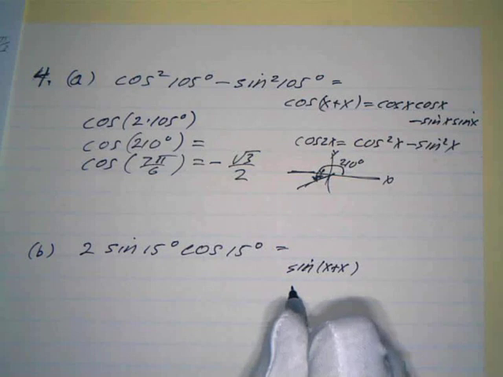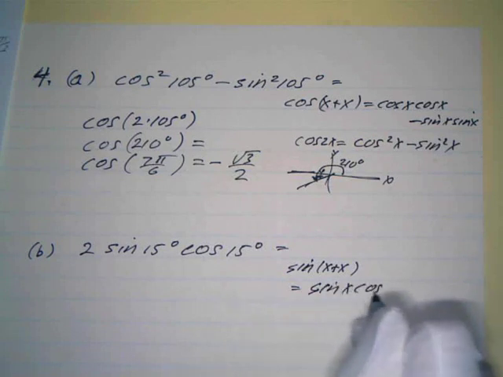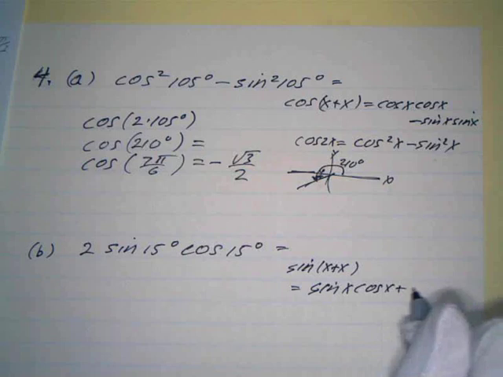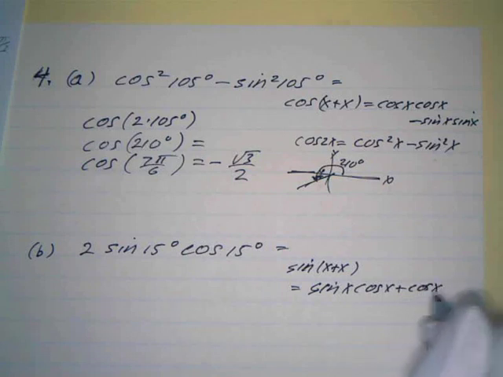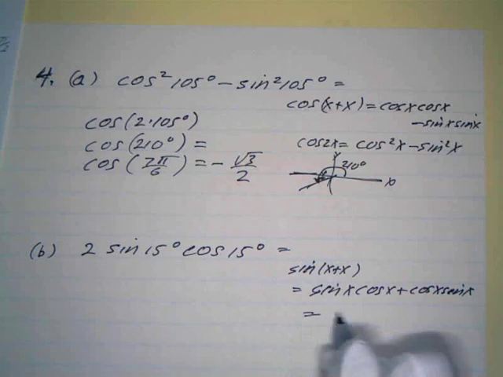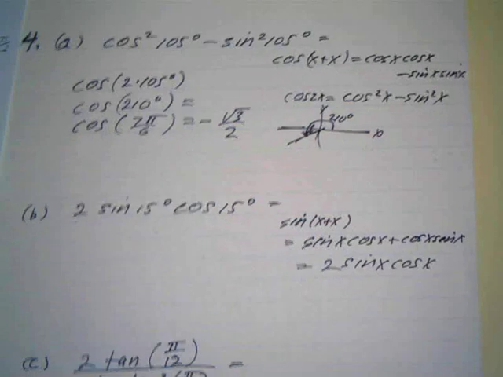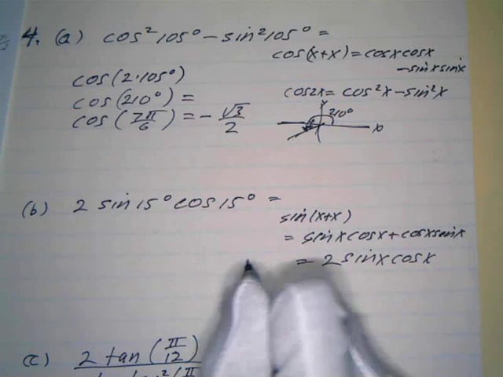And then remember, that's the same thing as sine cosine plus cosine sine. And then this is the same thing as this if we use the commutative property. So I've got one of these plus one of these is 2 of these, so that equals 2 sine of x cosine of x. So that's how you derive it. It's not hard. And that's the sine of 2x.